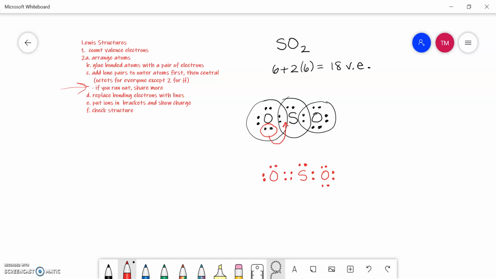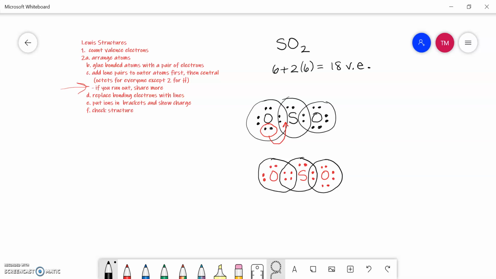Okay, and if we start looking at who has what, I can still say that this oxygen has 8. I can now say that this sulfur has 8, and of course this oxygen still has its 8. So this is how we're going to distribute the electrons to give everything an octet in the structure.